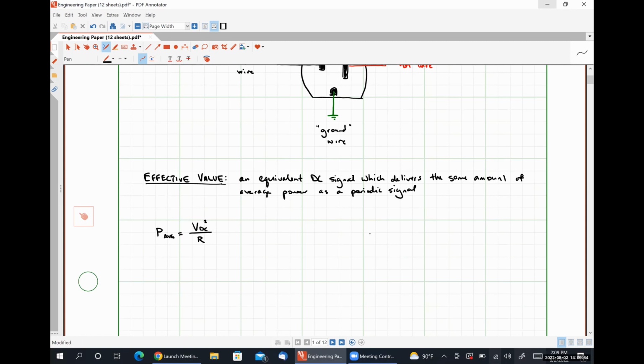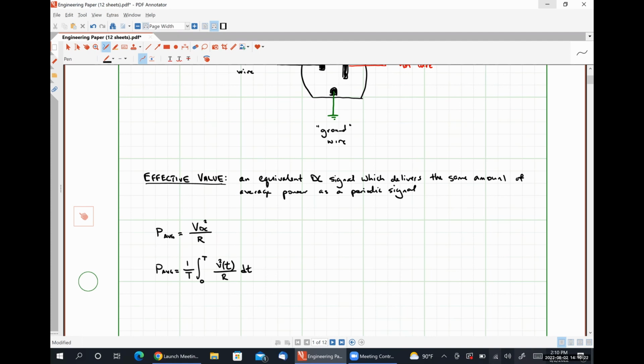For a periodic signal, the average value of the absorbed power would be 1 over T times the integral over 1 period of the voltage squared divided by the resistor value by dt.